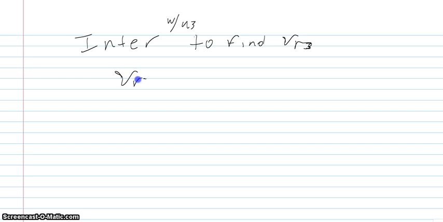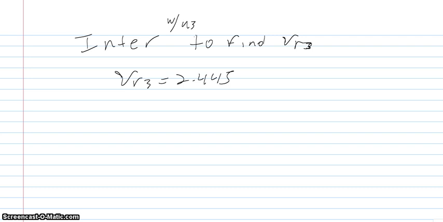Now we have U3, we can interpolate to find reduced volume, VR3. So if you do all that with U3 involved, you'll find that VR3 is equal to 2.445.